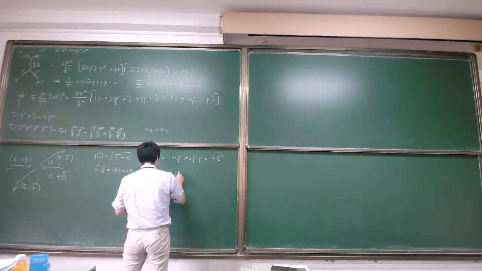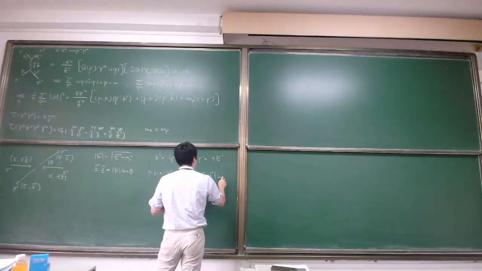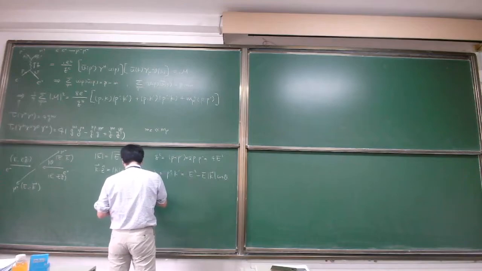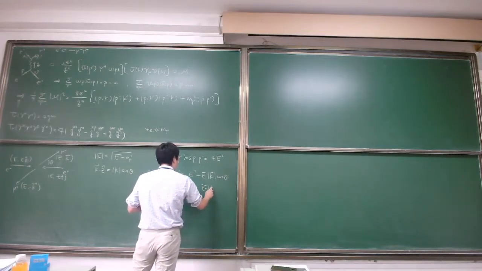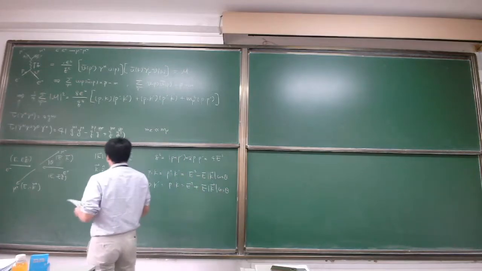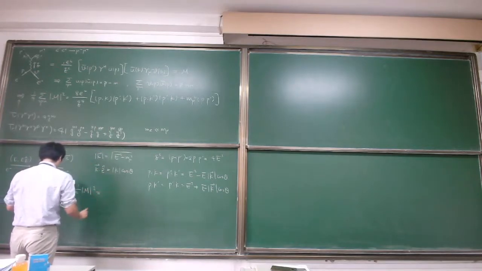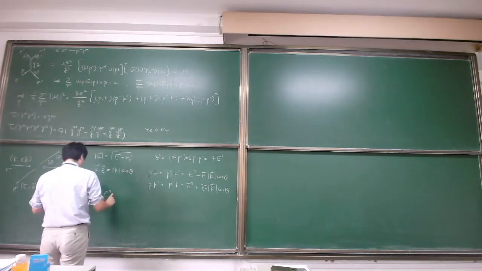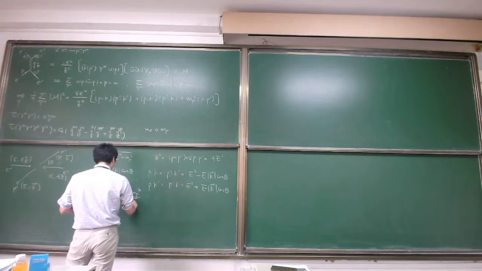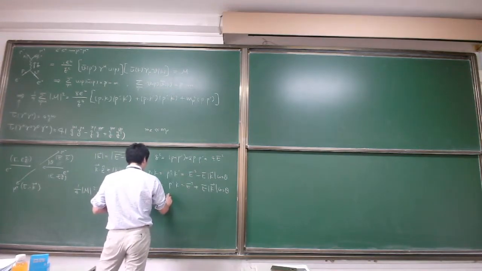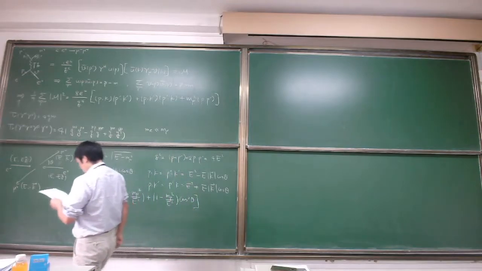It's p prime plus k prime. If you plug that one into here, you can just find out that this one is equal to, it's a simple numerical calculation, like this.